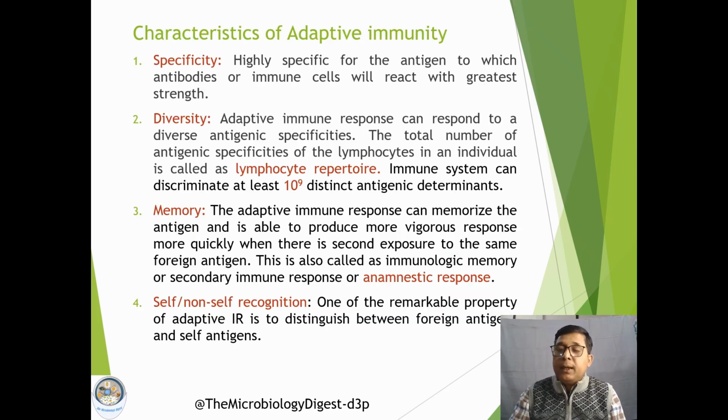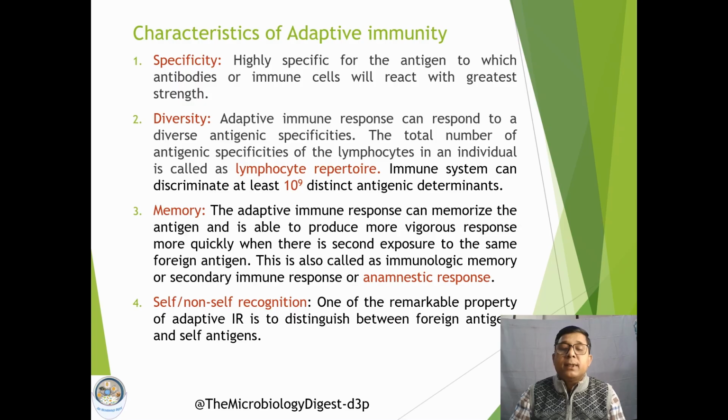First one is specificity; the adaptive immunity is highly specific. Then diversity: it can respond to diverse antigenic specificities. Different types of antigenic specificities exist in the environment, so the adaptive immune response can be generated against diverse antigenic specificities.